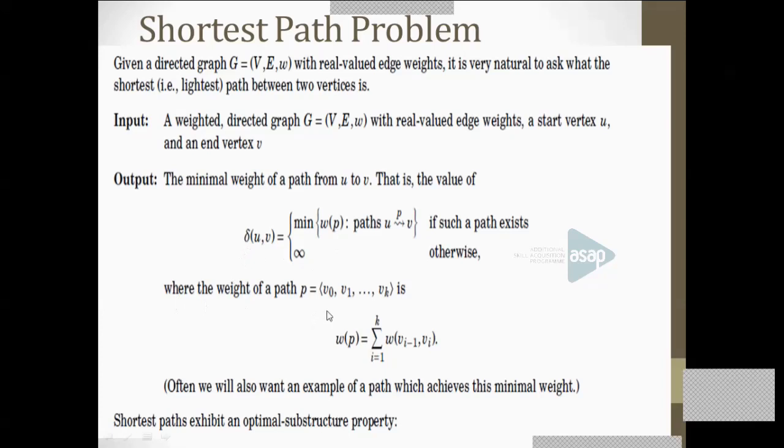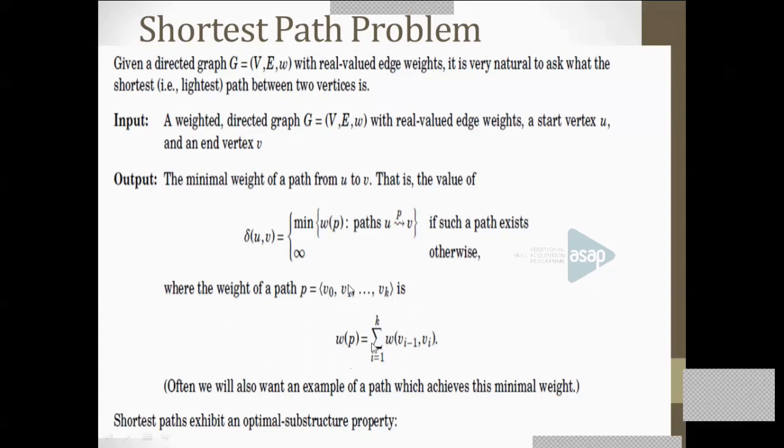And here, if this is the path from V0 to Vk, how will you find out the weight? If your starting vertex is V0 and your ending vertex is Vk, and you are traveling through V0, V1, V2, etc., Vk, then how will you find the weight of the path? It's quite easy. You simply add up the weight of each edge.